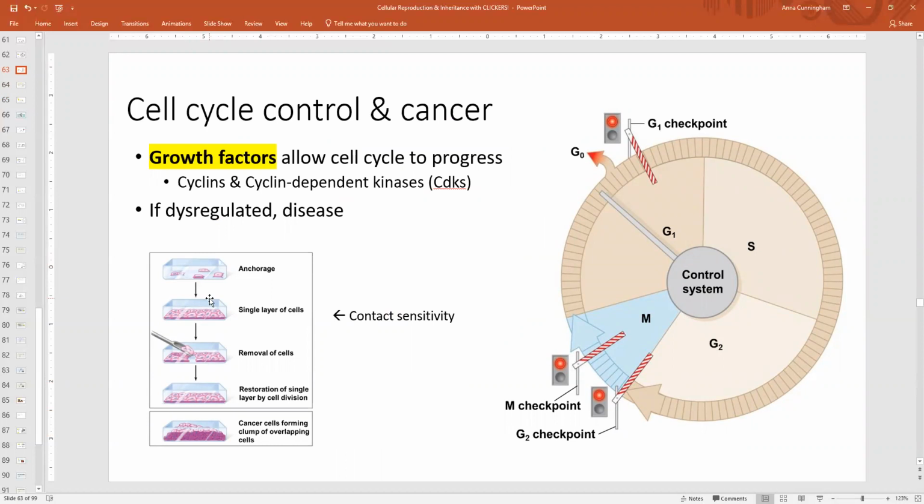Normal cells in your body, if you take them out of your body and put them on a plastic dish, are going to die. They're going to be like, I'm not supposed to be here. What's going on? I'm not getting signals. However, immortal cells, because they have lost cell cycle control, and because they have lost the necessity for external factors controlling them, you can basically put those cells on a plastic dish, and they will divide and they will grow.